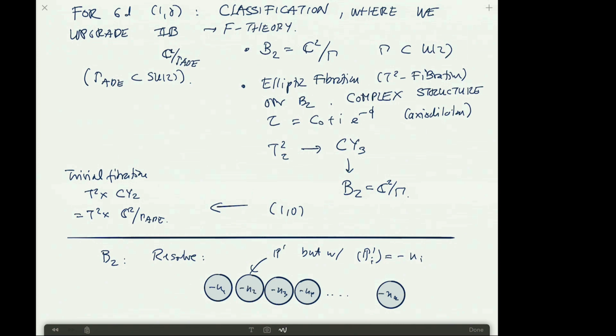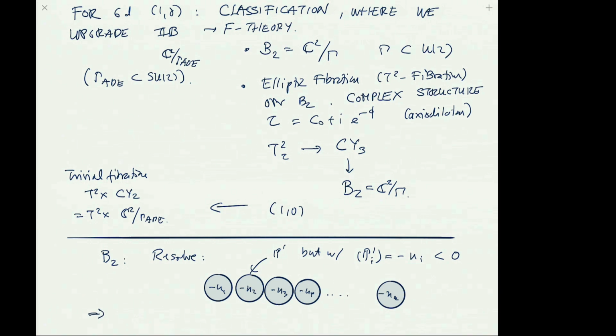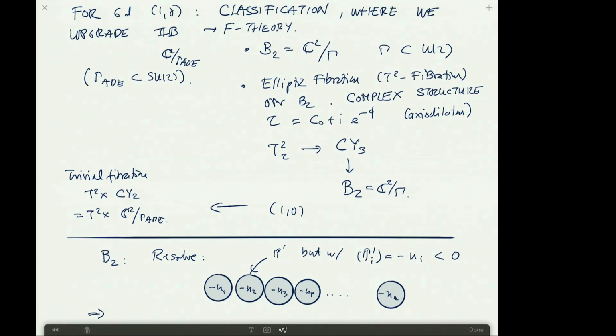Okay? But if these intersection matrices are negative definite, and you have a consistent elliptic fibration, then you actually have putatively some conformal field theory when you go back to the singular limit.